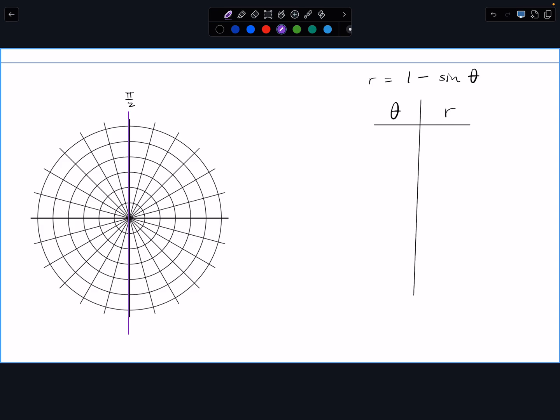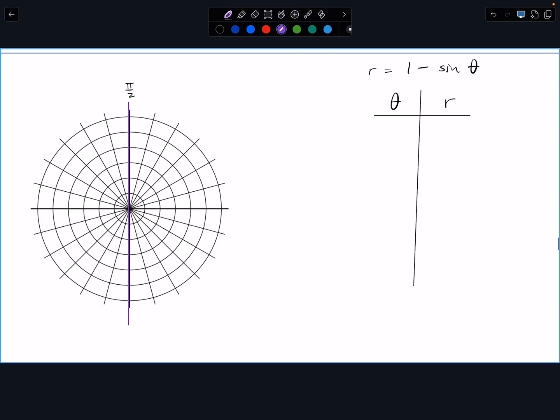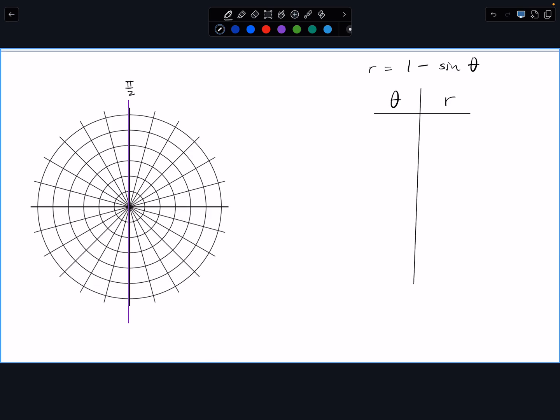Does that make sense? So to make my life easier, we're gonna pick angles that are over here and then reflect them across. Remember, do I pick those angles? No. So I'm gonna pick, and here's the cool part, you guys can use degrees for this because we're gonna use our calculator.